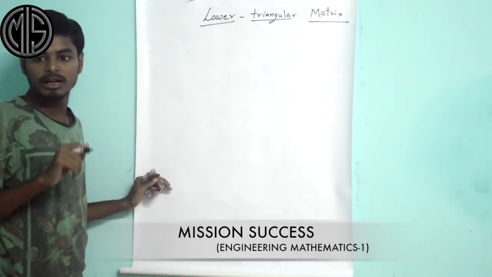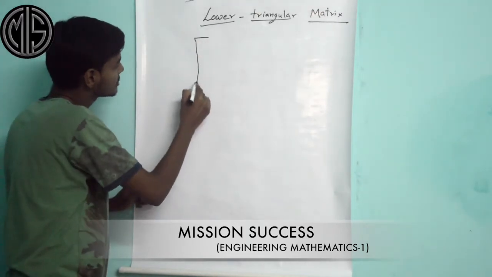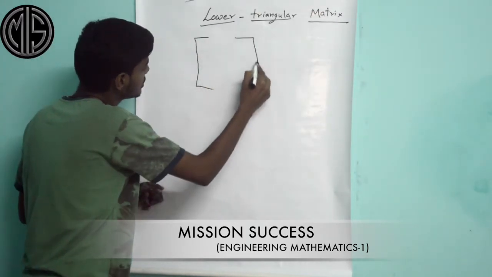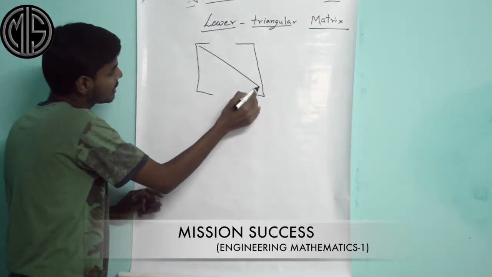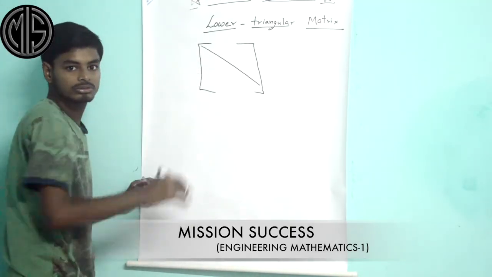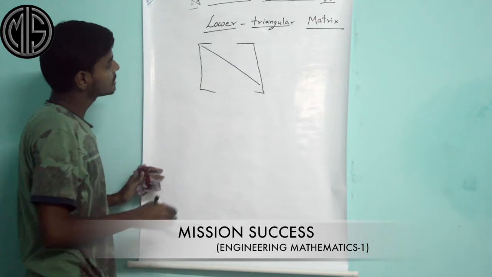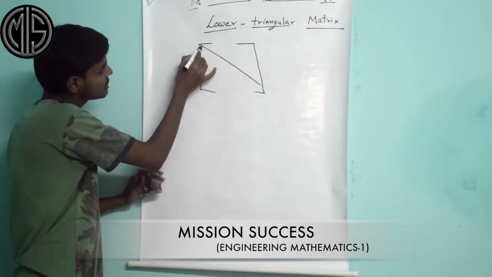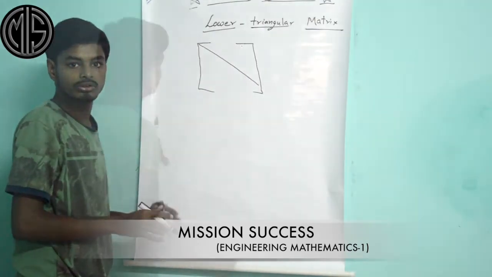In upper triangular matrix, what we see? We see the elements which are below the leading diagonal elements are 0. But in lower triangular matrix, the elements which are above the leading diagonal elements will become 0.